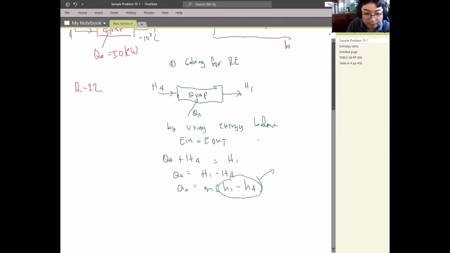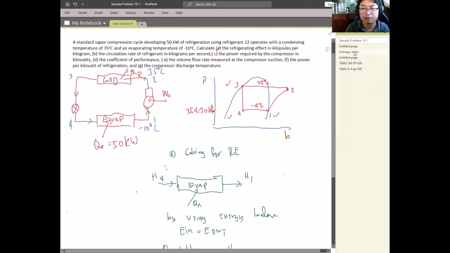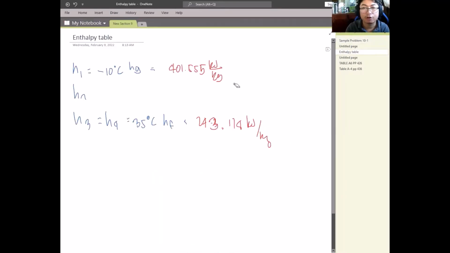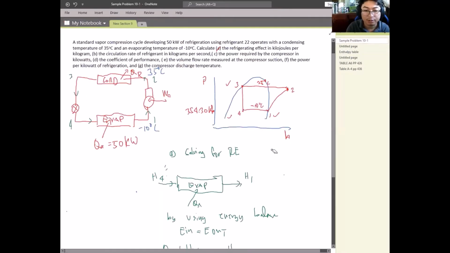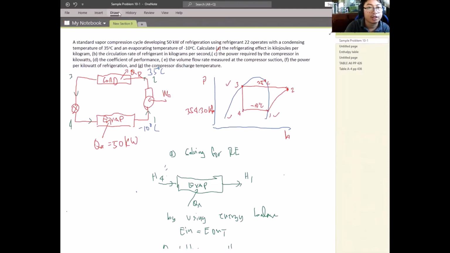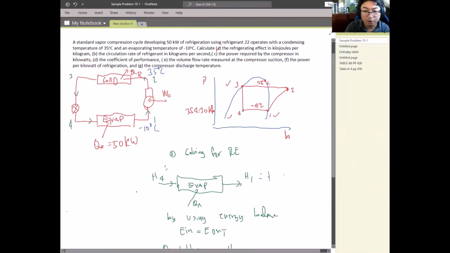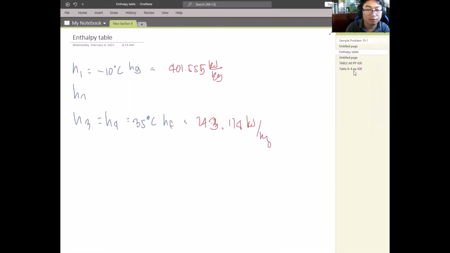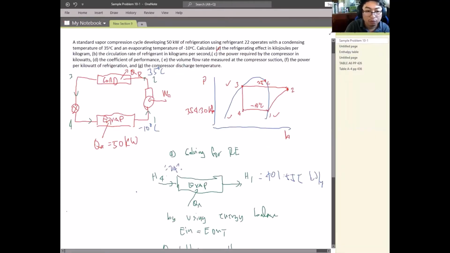This notation, H1 minus H4, that is your RE. So substituting, therefore our H1 is 401.555 kilojoule per kilogram, and our H4 is 243.114 kilojoule per kilogram.